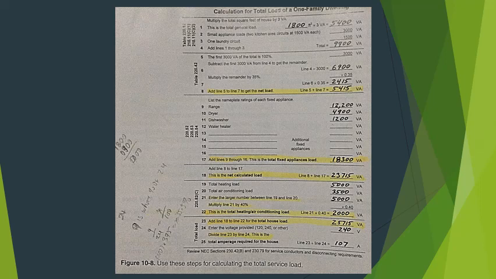However, to be sure that the service is sized correctly for a residence, the total load should be calculated based on the various circuits of the dwelling. A simple series of calculations can help define this total load. For this, see figure 10-8. Detailed information on these calculations will be presented in Chapter 12, Branch Circuit Feeder and Service Design.